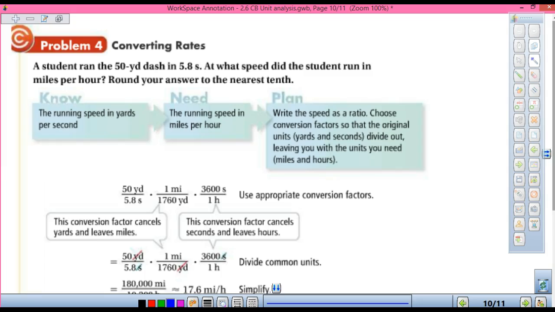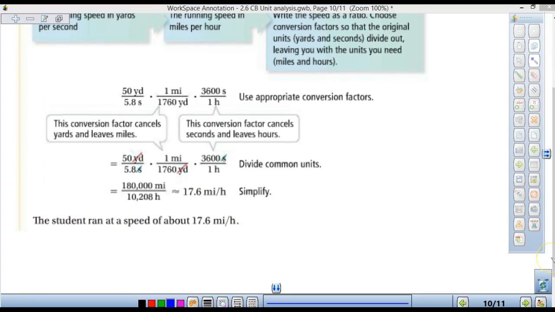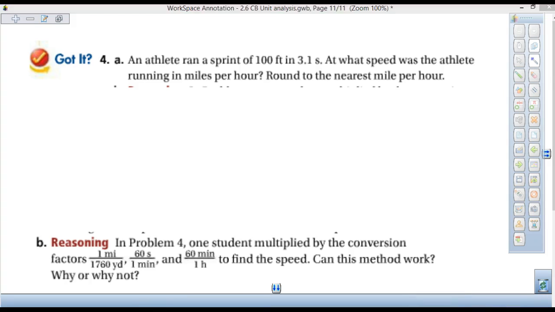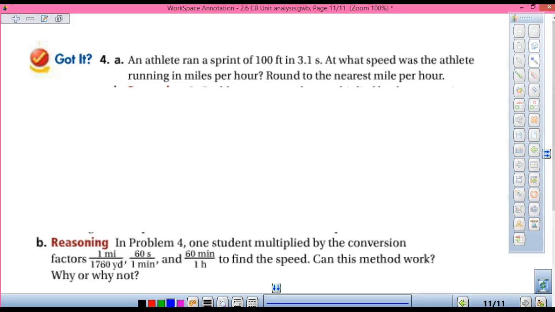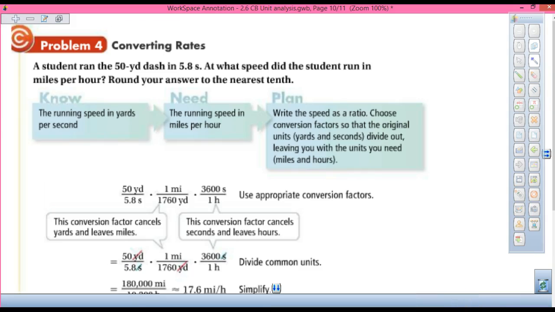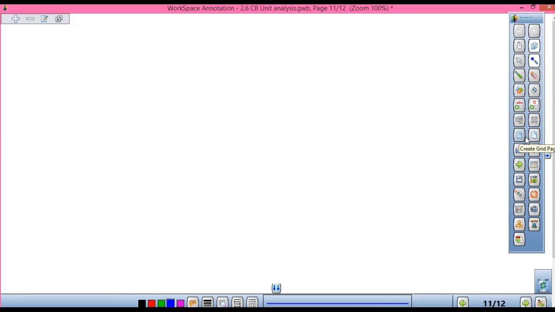Now, most of the time, we get stuff in miles per hour, and sometimes we need to change that to feet per second. I don't like that problem, so we're going to change it a little bit.